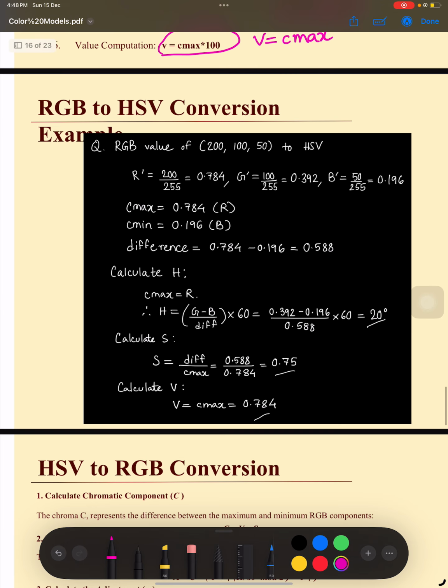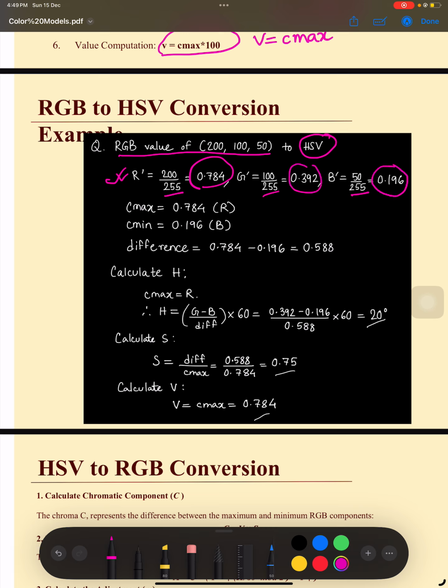And here we have an example of it. We were given an RGB value of 200, 150 and asked to find the HSV parameters. First, we normalize them by dividing the values by 255. Then, these are my new RGB component values.